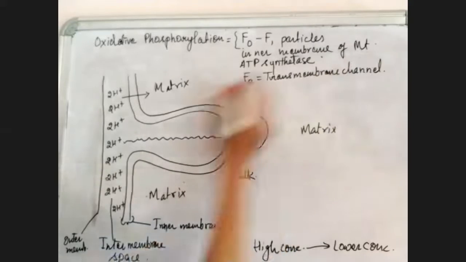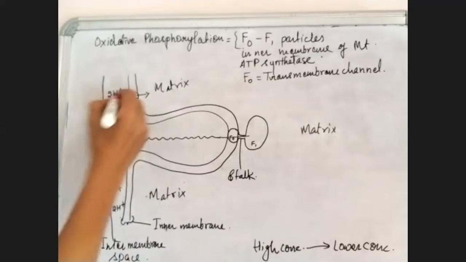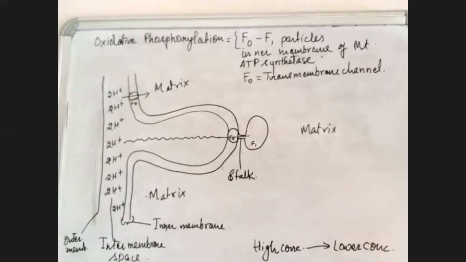These particles will always move through the F0 particle. This is also F0, because these are the channels through which the protons can move. The protons will diffuse from the intermembrane space into the matrix only through the transmembrane channels, which are F0 particles located on the inner membrane of mitochondria.